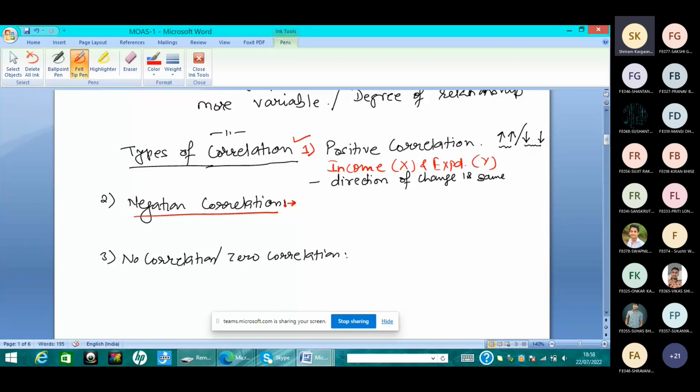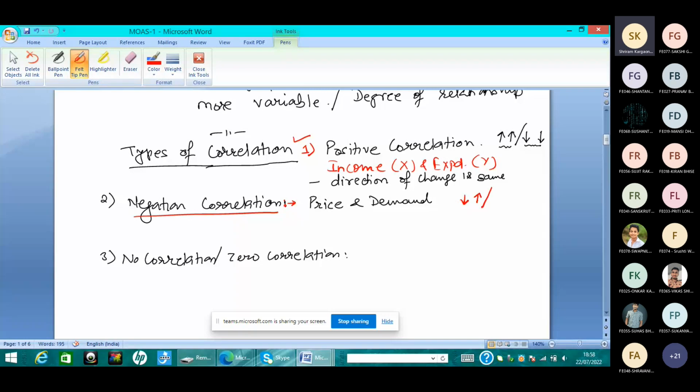Then negative correlation. Some examples: price and demand. Generally when you drop the price, demand increases. Just like you see in the market when there is a sale.